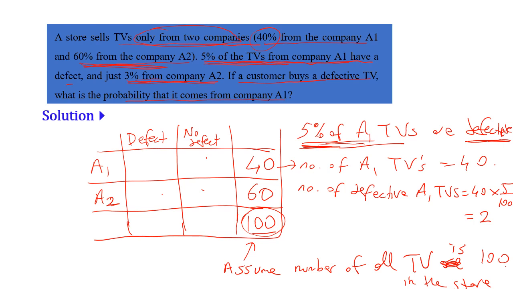So defective A1 TVs is 2, and A1 with no defect is 38, because the total here is 40.